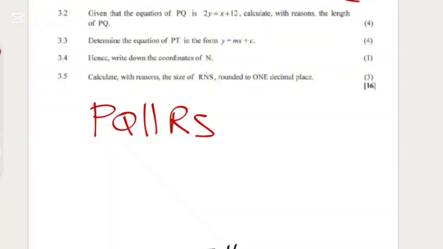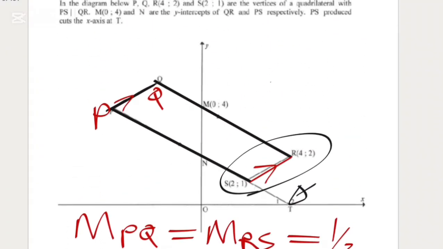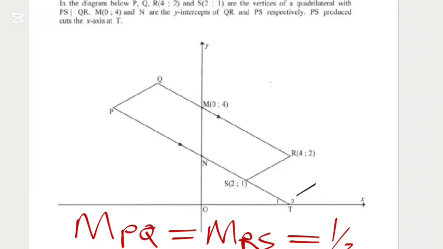So after getting that, you can just say, what's this thing? PQRS is a parallelogram, right?